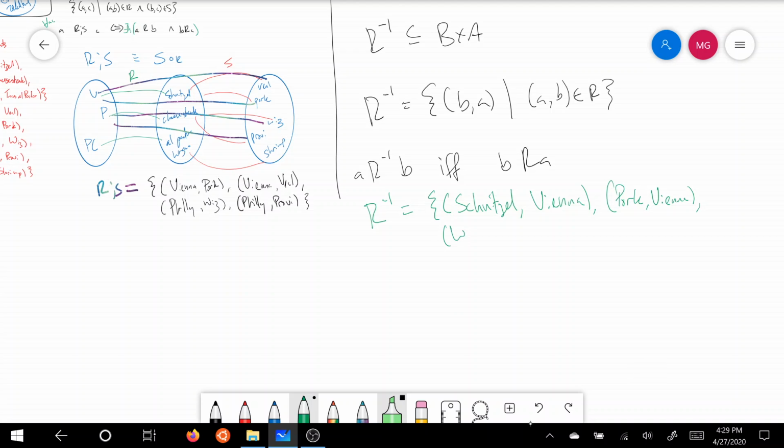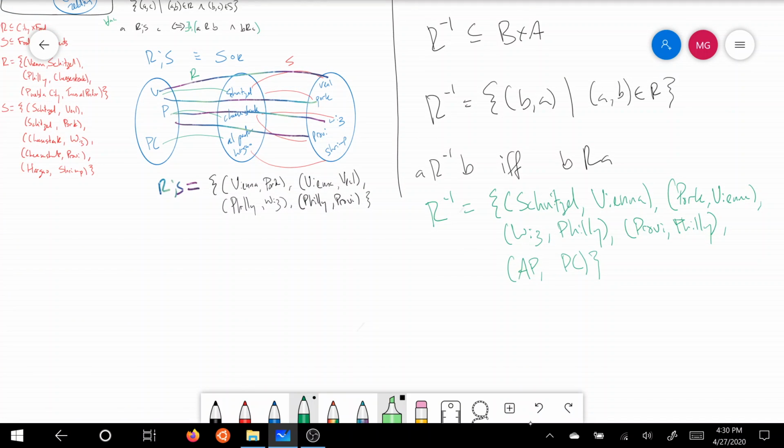Then what do we have? Whiz, Philadelphia, provolone, Philly. And then one more, right? Because we would have al pastor, Puebla City. Right? That's the inverse operation.